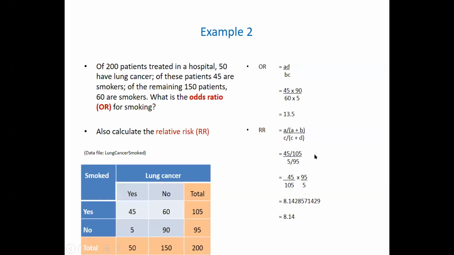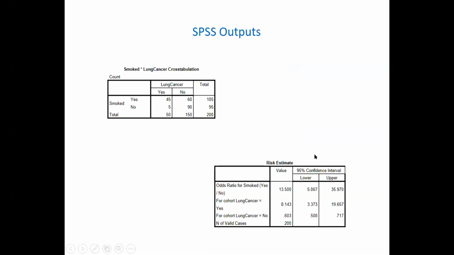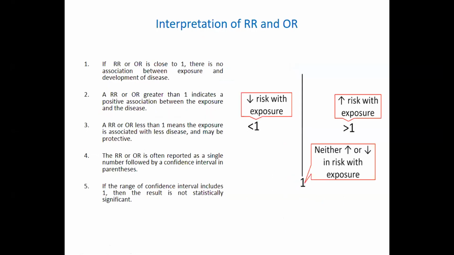Now, we have looked at the interpretation. I think I've said this one. If the relative risk or odds ratio is close to 1, there is no association between exposure and outcome. A relative risk or odds ratio greater than 1 indicates a positive association between exposure and the disease.